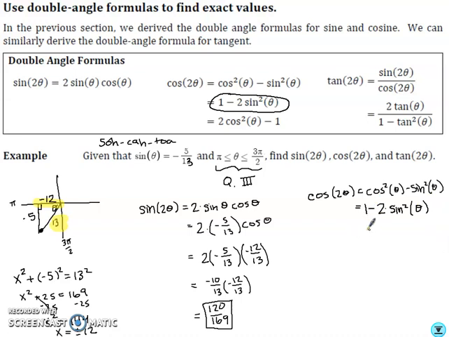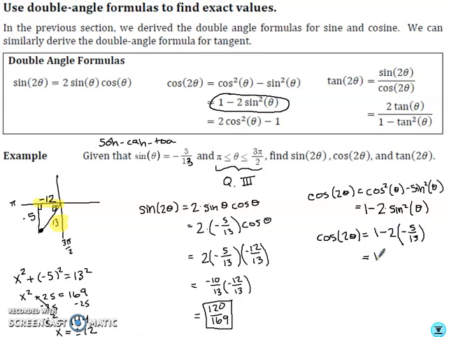Because I want to avoid any mistakes, maybe I made a mistake computing my cosine value, I'm just going to use strictly what I was given. So cosine of 2 theta would be 1 minus 2 times the sine of theta, which we're told here in the directions is negative 5 over 13.